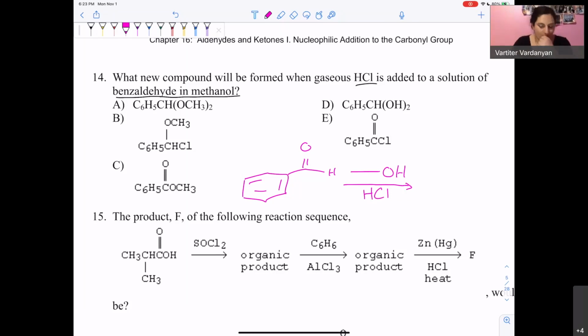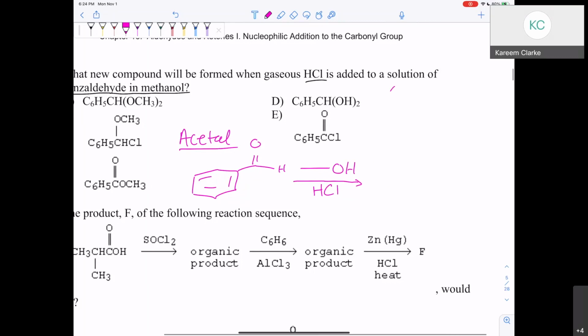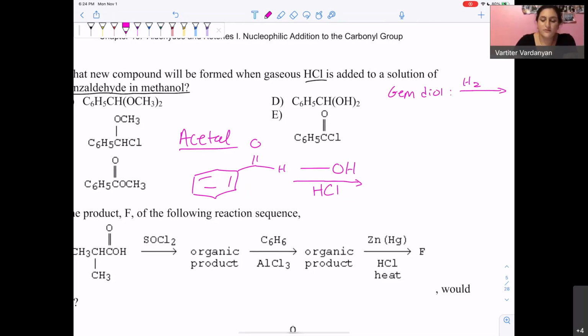Is this like the acetal ketal reaction? Yes. Cool. What's the difference between the acetal ketal and the gem diol? Great question. So the reagents: the gem diol is water and a catalyst, and it can either be acid or base.